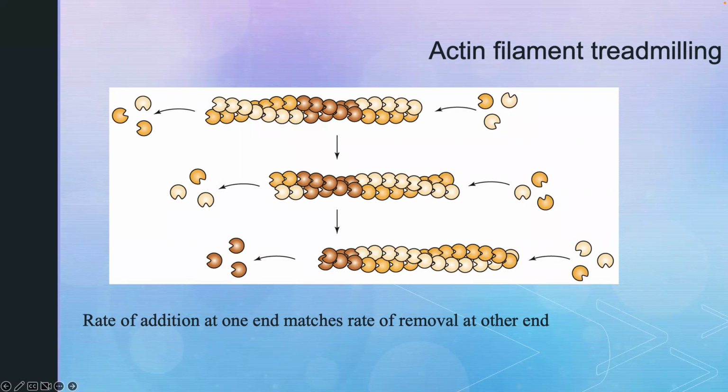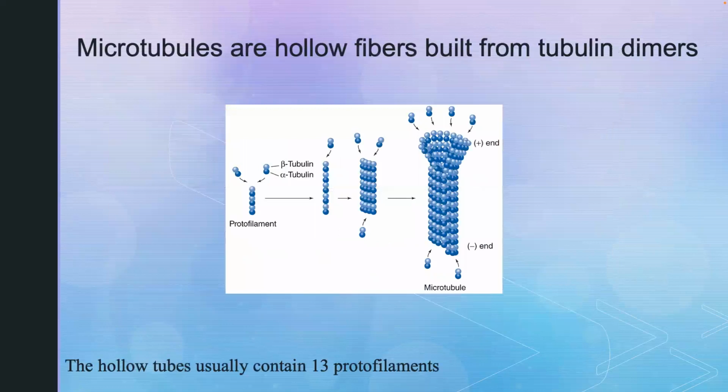As pieces are being dissociated and more pieces are being added, it appears that these are traveling along the filament like it would be on a treadmill. And so microtubules, these are hollow fibers that are built from tubulin dimers.